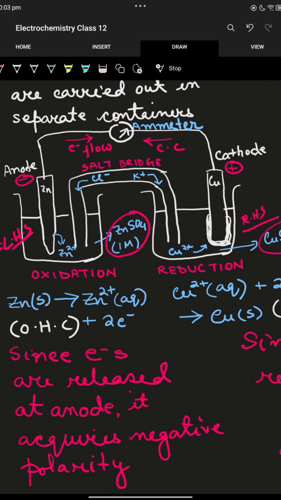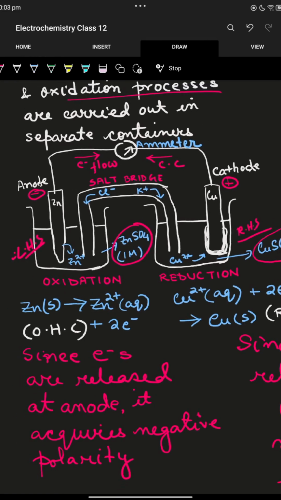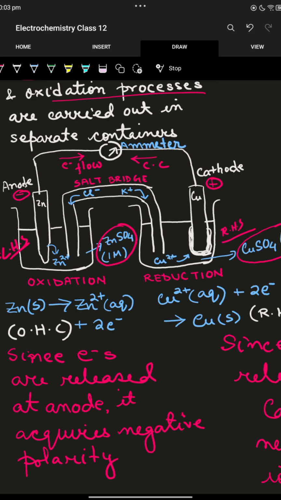Now salt bridge means it should contain a concentrated solution of an inert electrolyte, and that inert electrolyte can be KCl, can be KNO3, can also be K2SO4. Actually, it is a compound whose cation and anion mobility is almost equivalent. So the ionic mobility should be same. That type of compound is being taken.